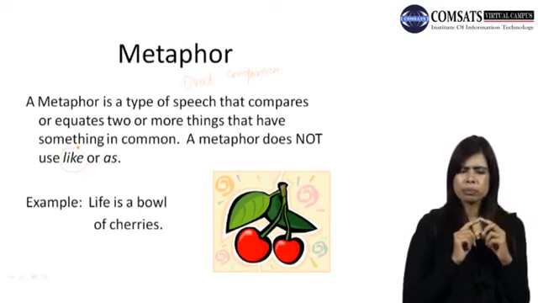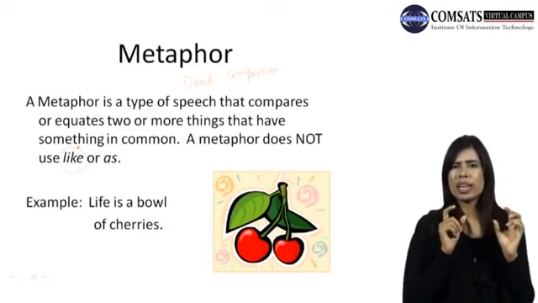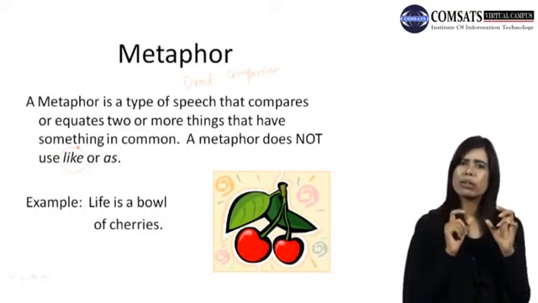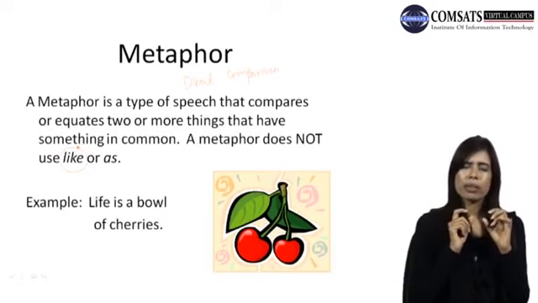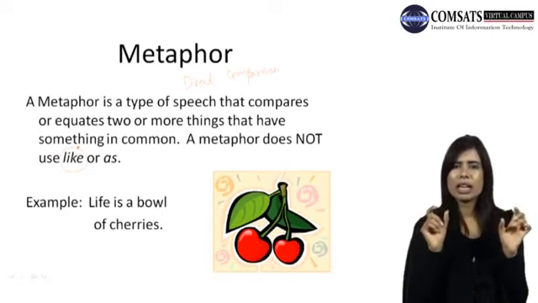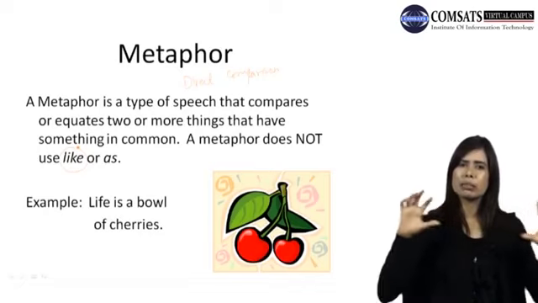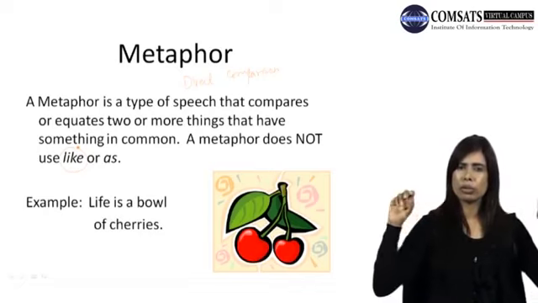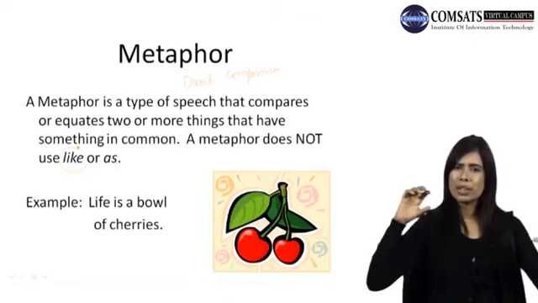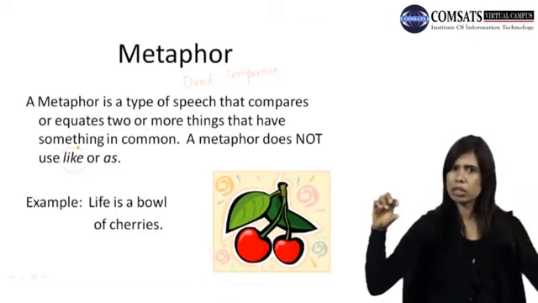For example, here is one more statement. He is a lion. Okay, so he is a lion and he is like a lion. What is the difference? Basically, he is brave like a lion. He has all the qualities of a lion. That means he is a lion.